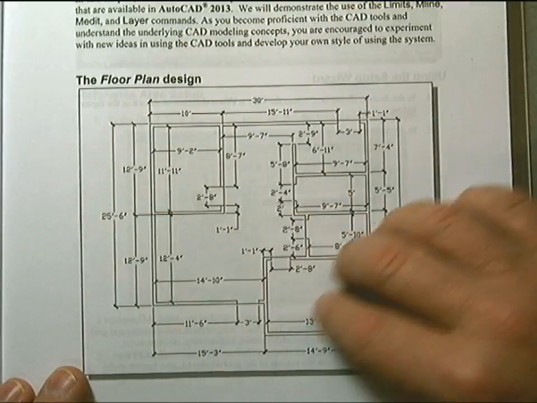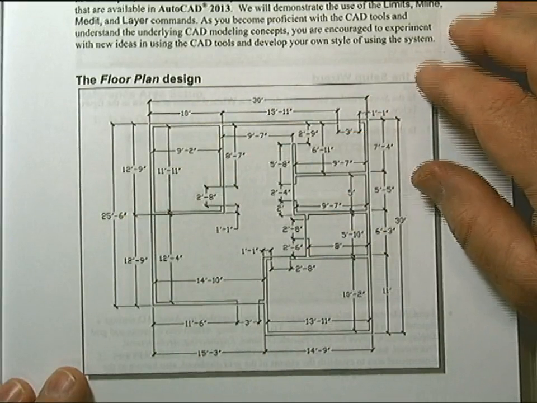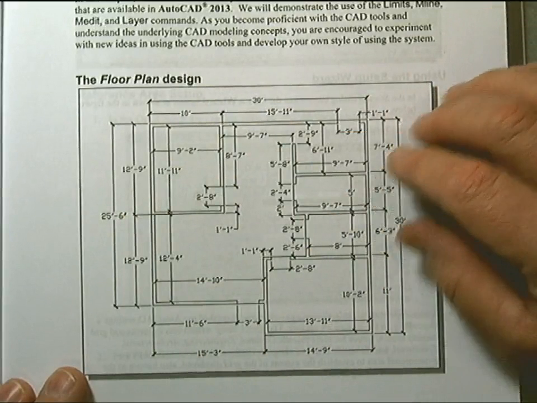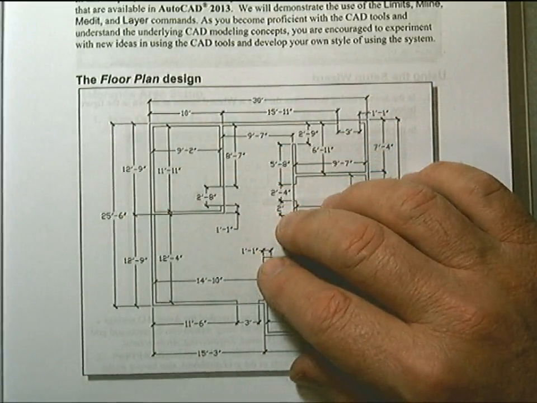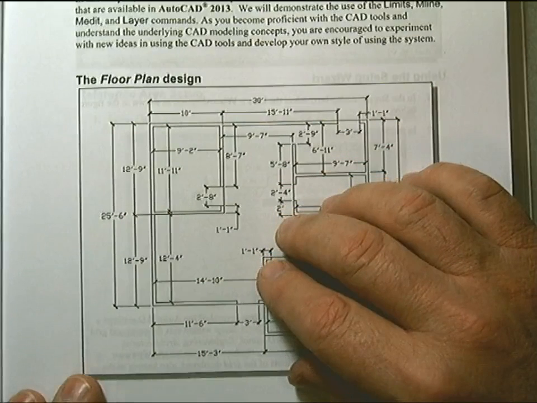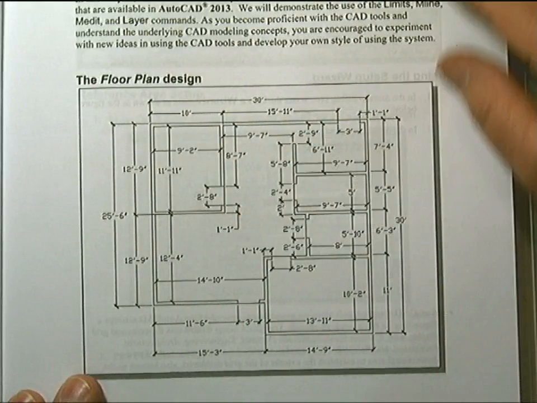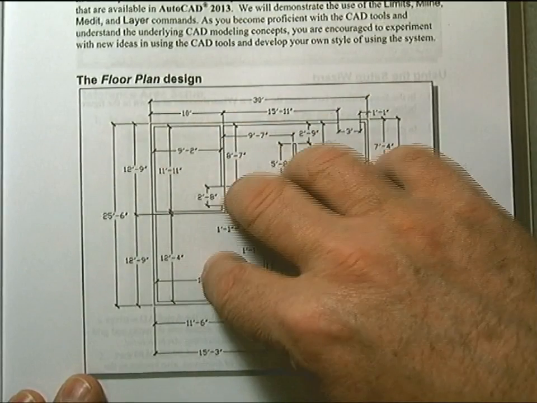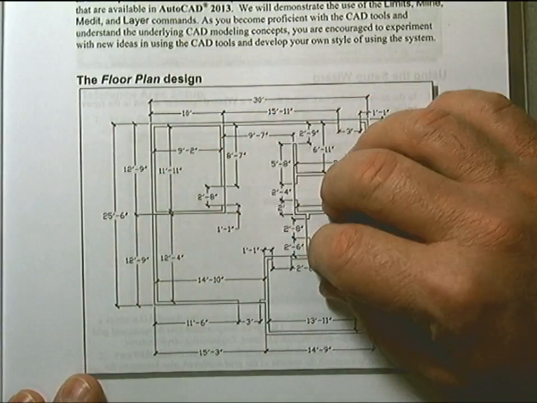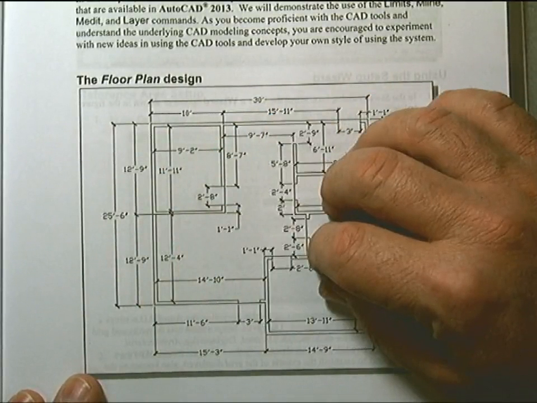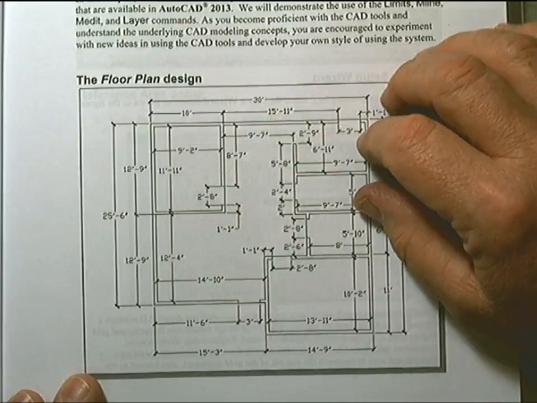This is the very basic approach at the beginning, but all of this is used over and over should you continue on in CAD, whether you do architectural or mechanical. These layer controls and the way in which we lay out this floor plan can be used in many different drawing disciplines.